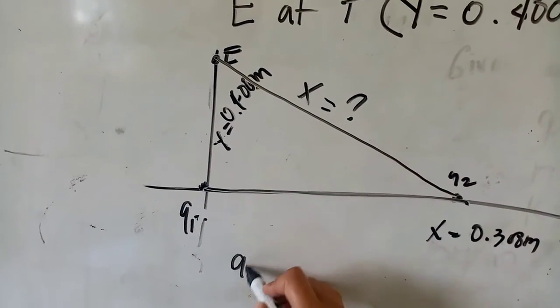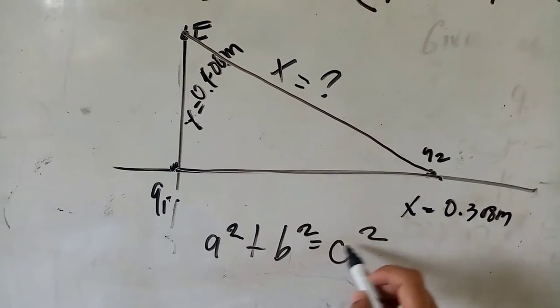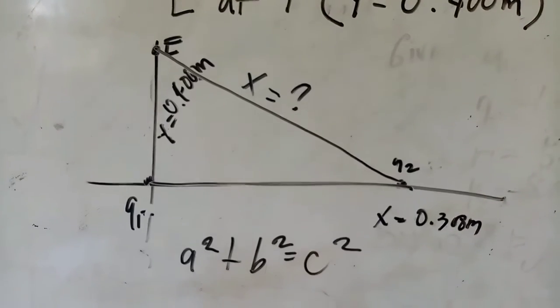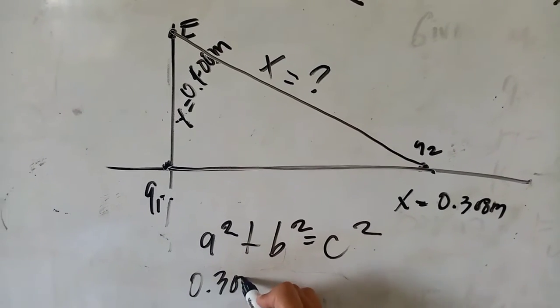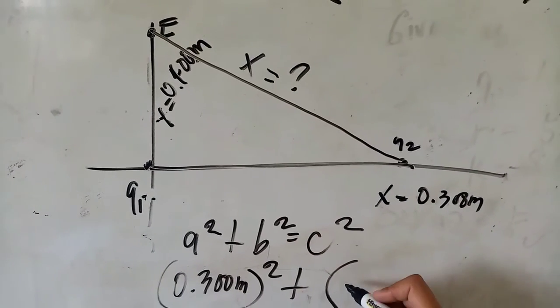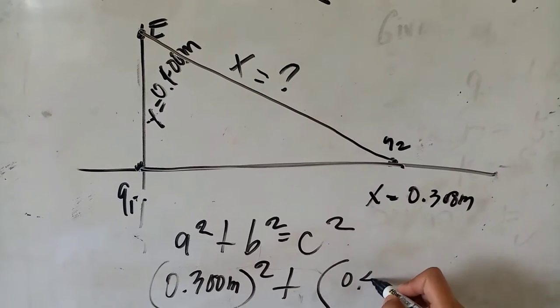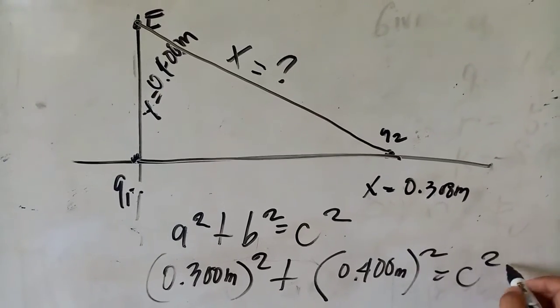So we can use the Pythagorean theorem. a squared plus b squared is equal to c squared. a is 0.300 meters, that is squared, plus our b is 0.400 meters squared, that is equal to c squared.